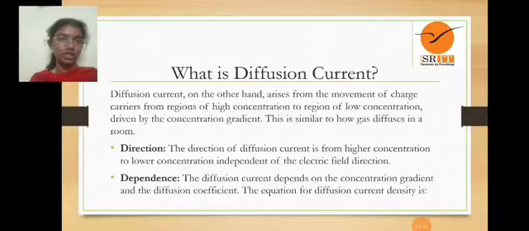Next, direction. The direction of the diffusion current is from the higher concentration to the lower concentration, independent of the electric field direction. Dependence. The diffusion current depends upon the concentration gradient and the diffusion coefficient.